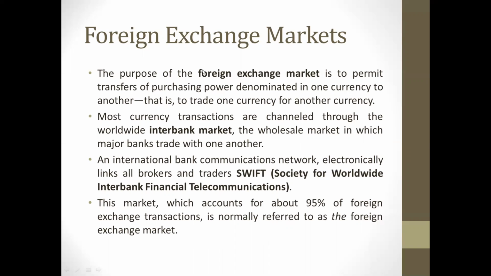This is a very large market. Almost 95% of the transactions are happening in the foreign exchange market. You can imagine the wideness of the foreign exchange market in today's business world.